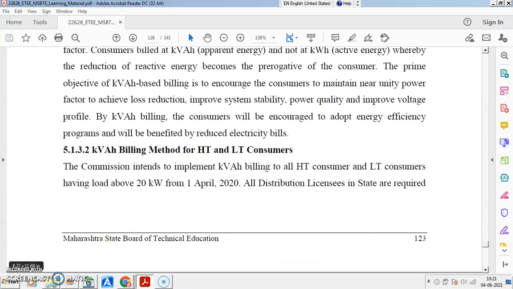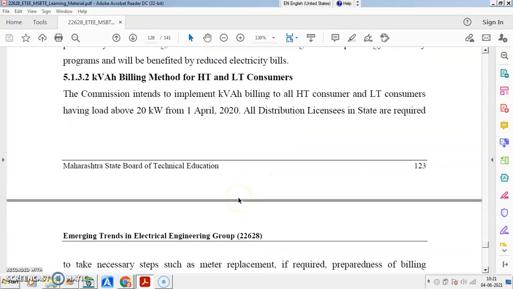So the kVAh billing method, ST and LT consumer: it is applied for ST consumer, that is high tension consumer, and LT consumer, low tension consumer. ST consumers are those having load more than 20 kilowatt. ST billing kVAh based is now given.